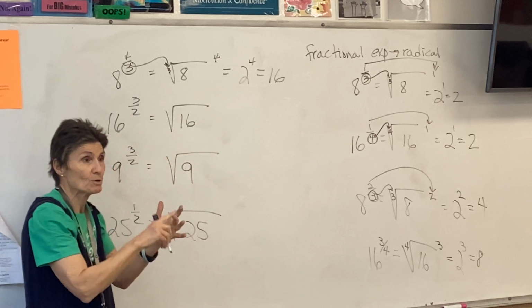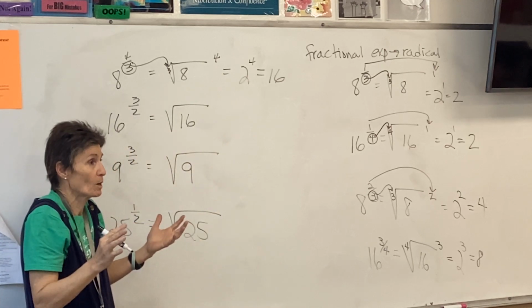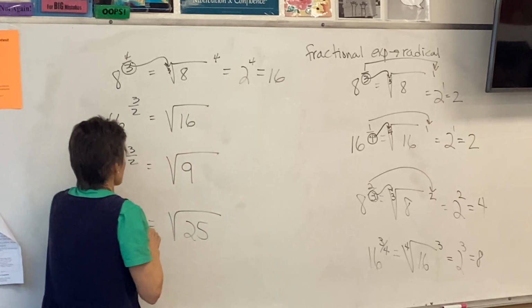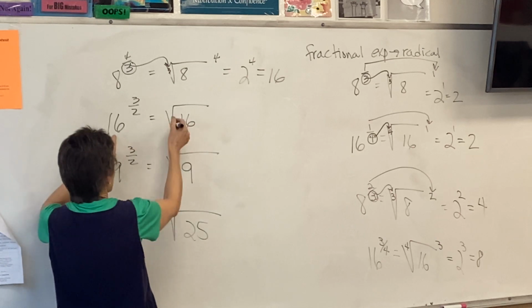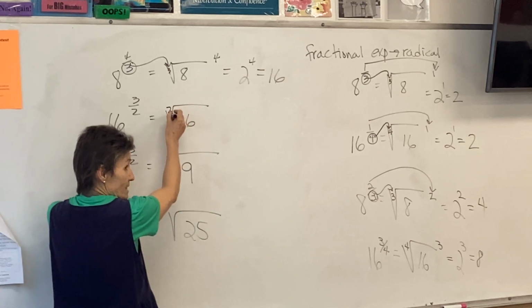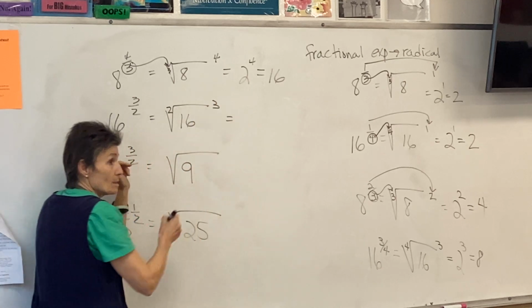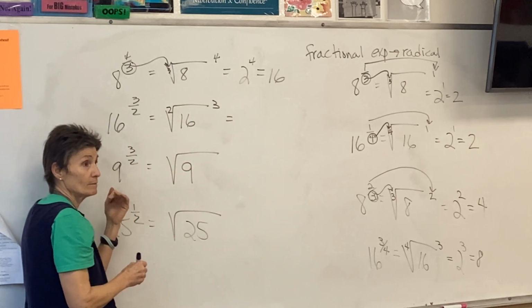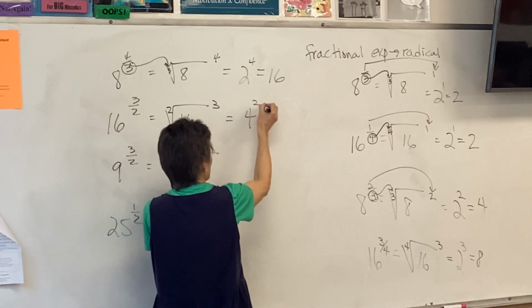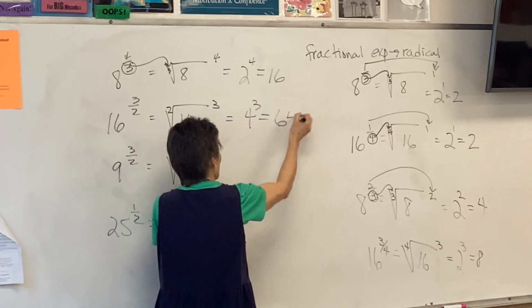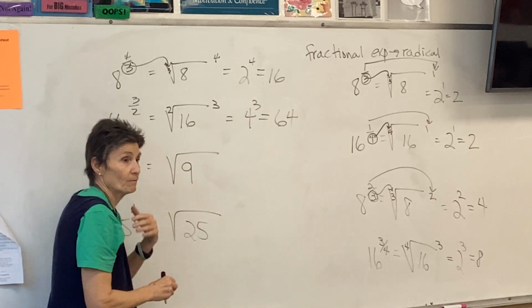It's 2 times 2 times 2 times 2. You can do that. You don't have to memorize. All right, so what does this one say? Square root of 16. So what's the square root of 16? 4. And 4 cubed is 64. Perfect.